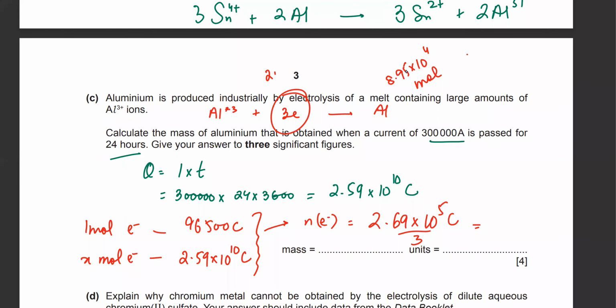The moles of electrons were 2.69 times 10 power 5, so you just had to divide that by 3, and you found the moles of aluminium.